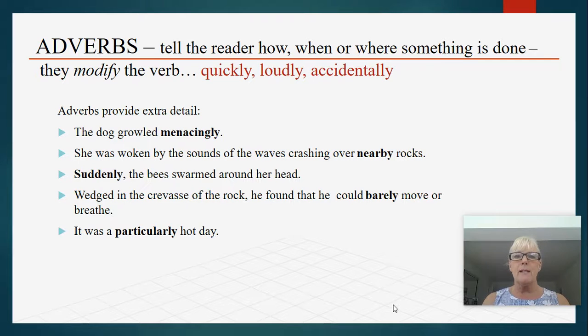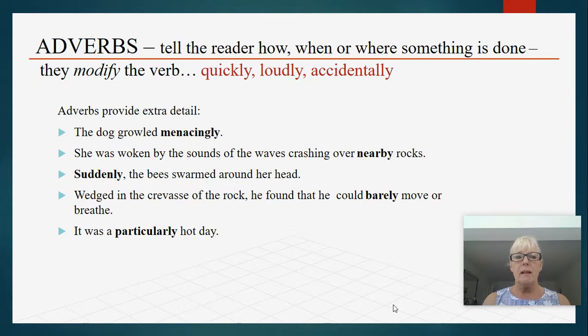She was woken by the sounds of the waves crashing over nearby rocks. So that tells us where something is done. So nearby. Suddenly, the bees swarmed around her head. And then we have wedged in the crevice of the rock. He found that he could barely move or breathe. It was a particularly hot day.